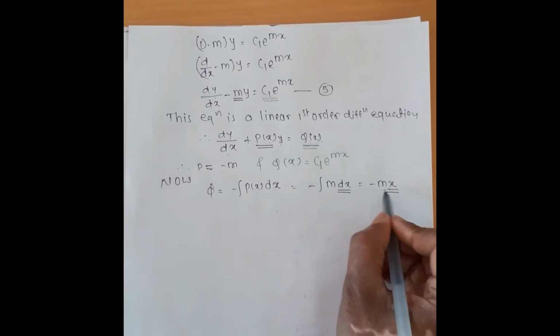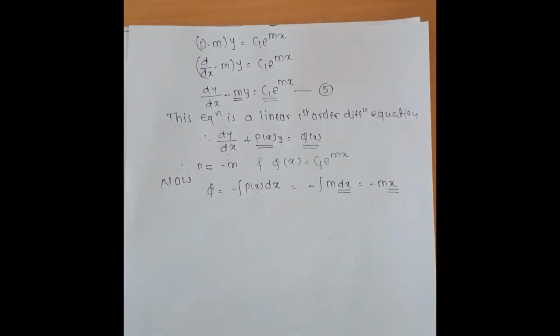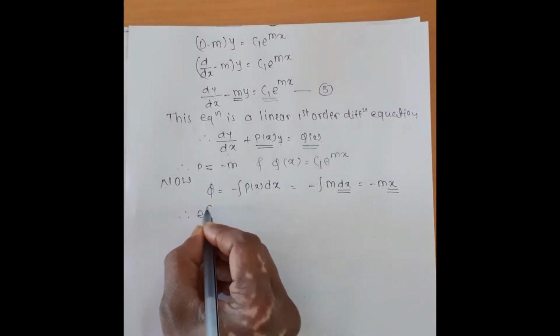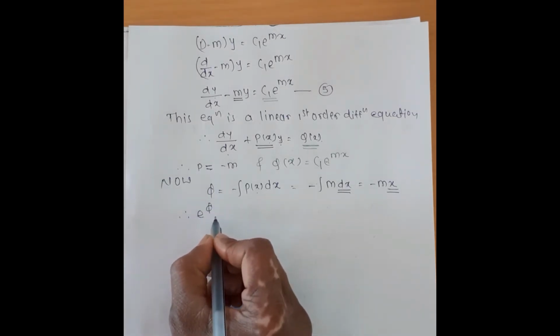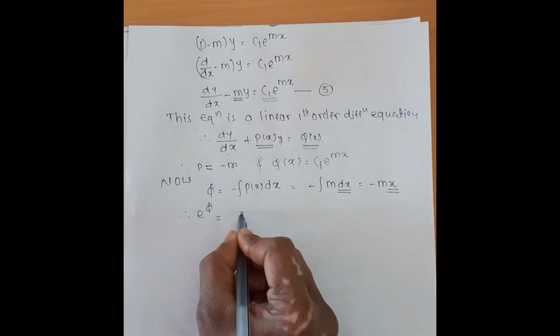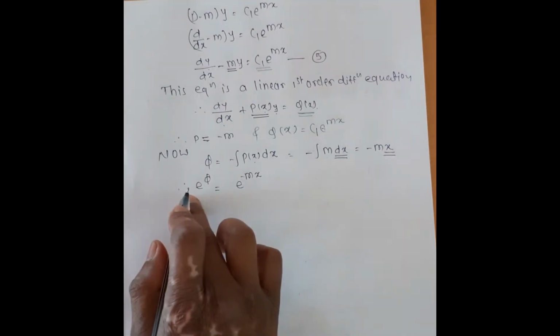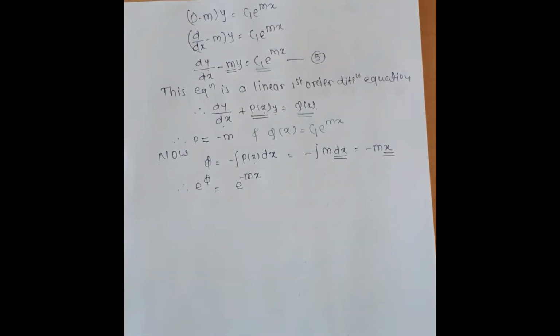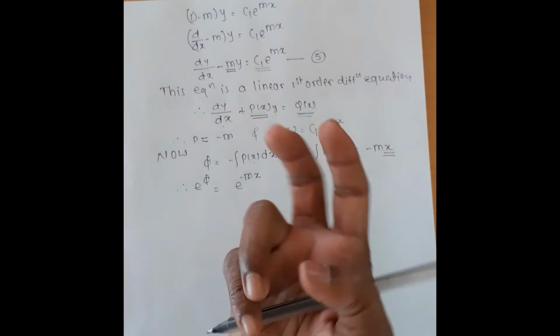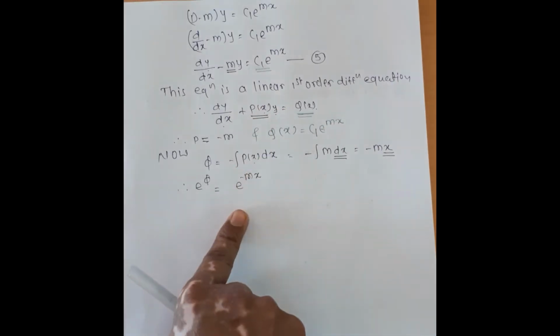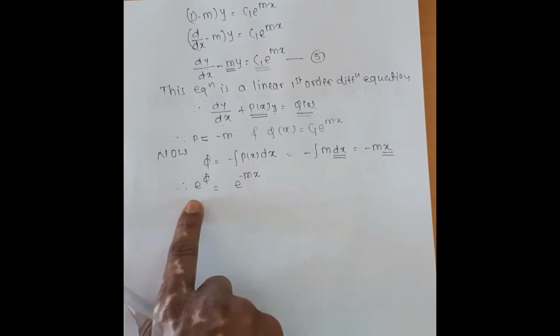Then the integrating factor is e raised to phi, which is equal to e raised to minus mx. This is the integrating factor, because in a first order differential equation we find two types of solutions: the complementary solution and the particular integral. So this e raised to phi is the integrating factor.